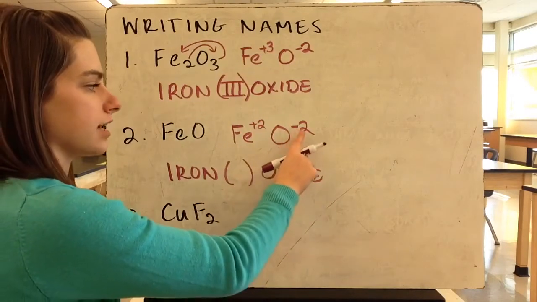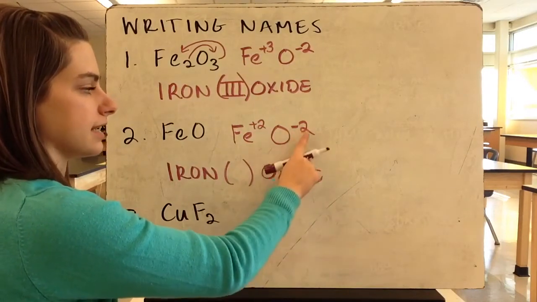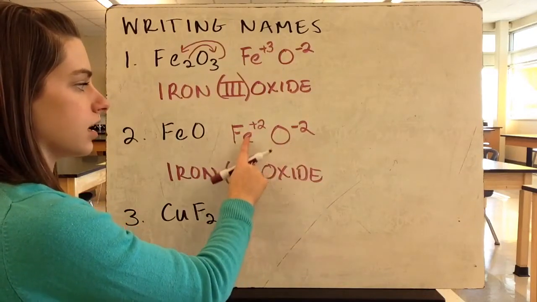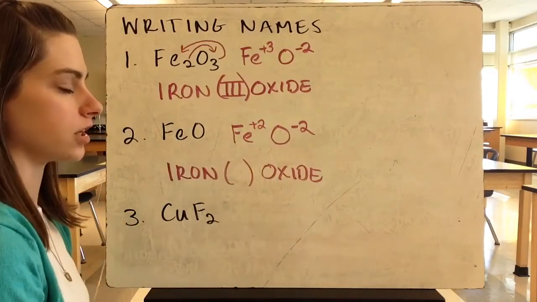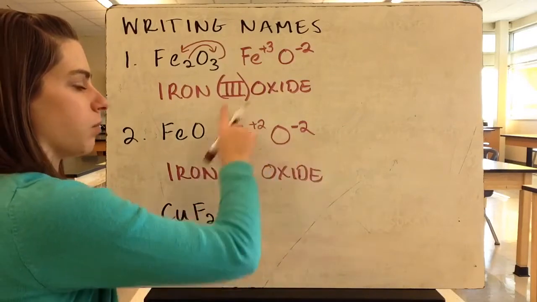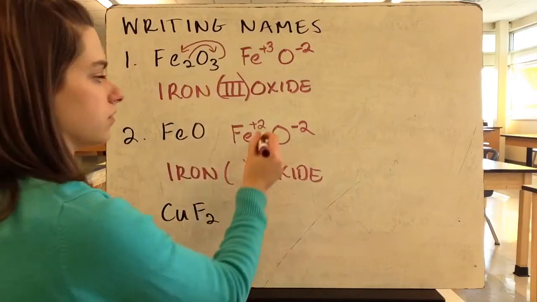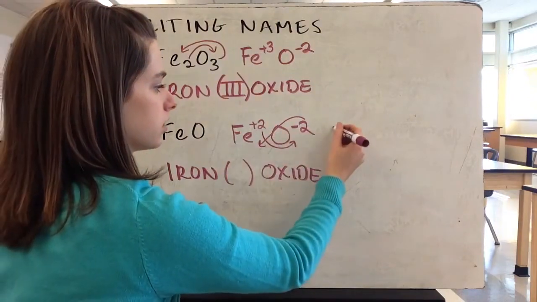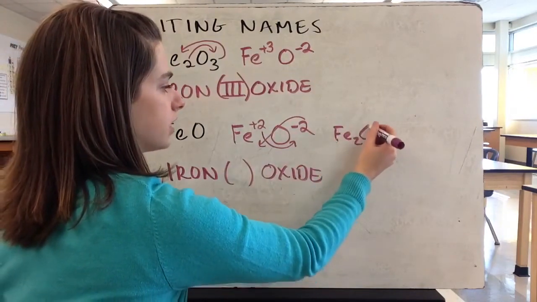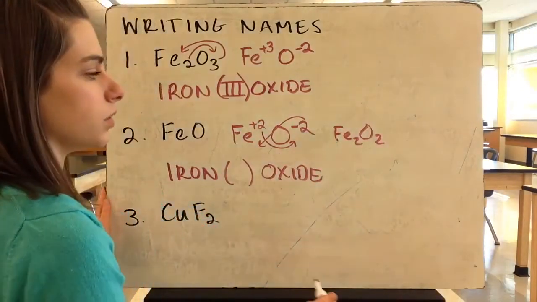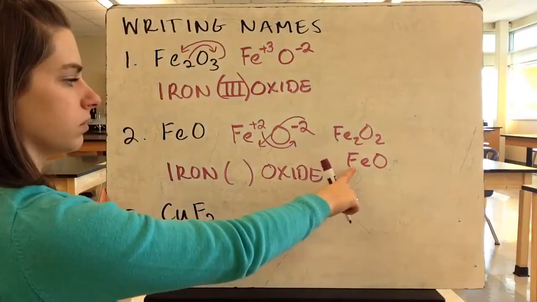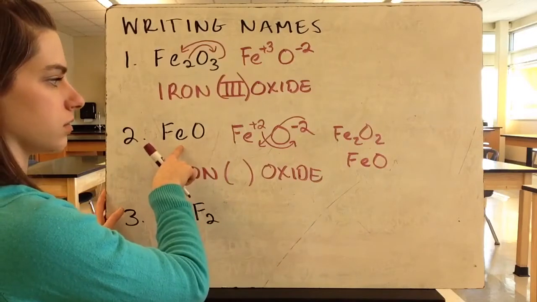If one oxygen has a -2 charge, and we have 1 oxygen and 1 iron, iron must have an equal charge. If we take what we have here and work backwards to write the formula, the 2 would go here, the 2 would go here. We'd end up with Fe2O2, which we know reduces to FeO, which is what we originally started with.